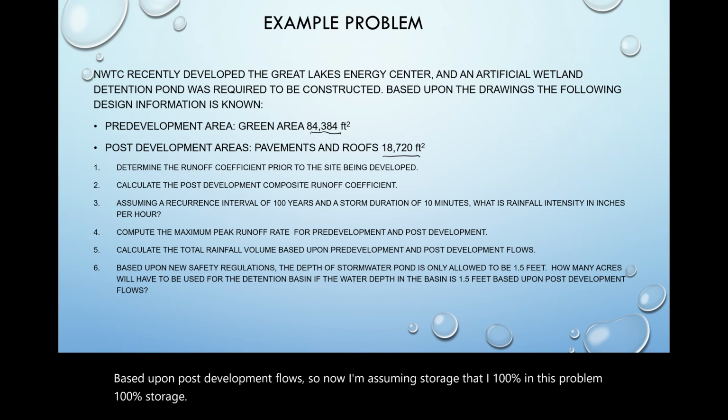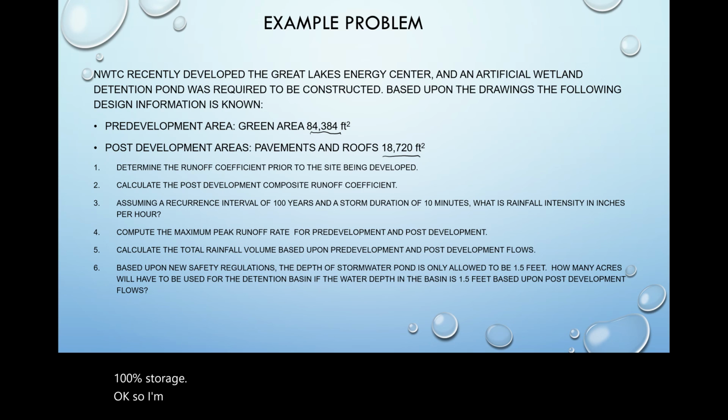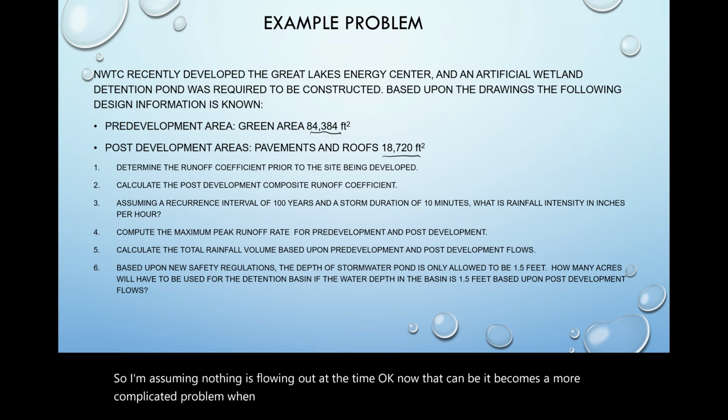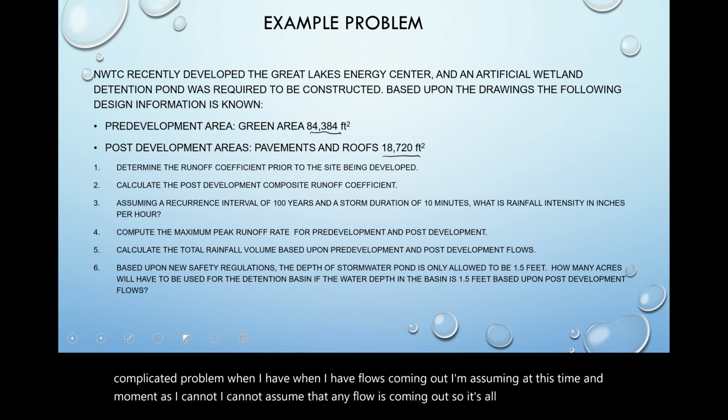I'm assuming nothing is flowing out at the time. It becomes a more complicated problem when I have flows coming out. I'm assuming at this moment that no flow is coming out, so it's all going into that detention basin.